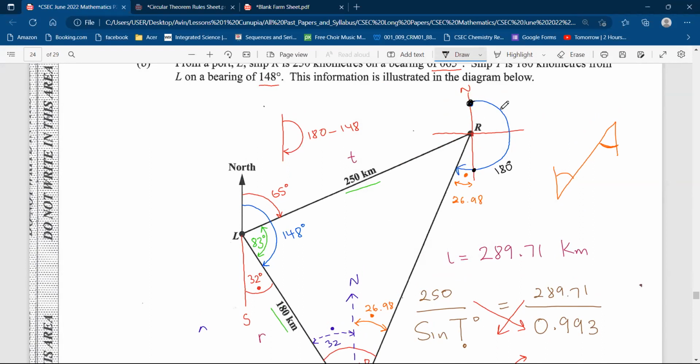So shouldn't the total bearing be 180 plus the 26.98? How much is the final answer now? 180 plus the 26.98, and I am seeing 206.98 degrees.